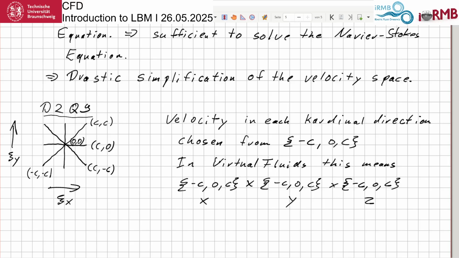So how many are they? How are you with numbers? Combinatorics. In 2D we have 9. So we have 3 times 3 times 3, so we have 27 discrete velocities. This is how we discretize our infinite velocity space, with just 27 velocities.